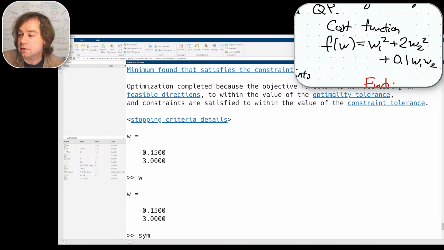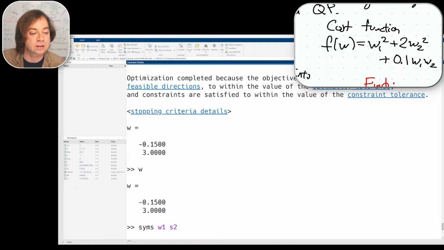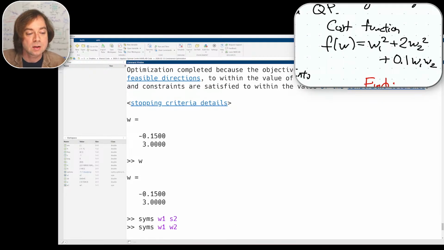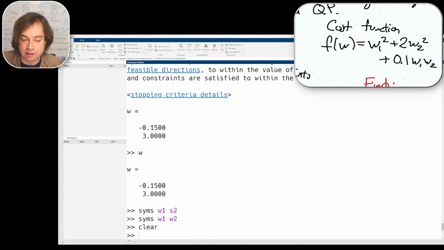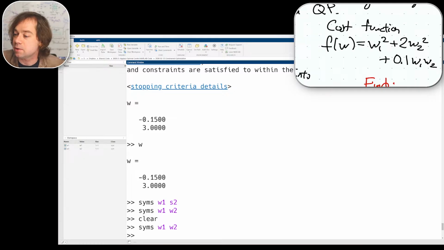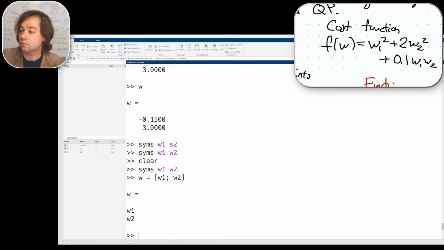We can create symbolic variables W1 and W2. Oh, that should be W2. Sorry, I'll fix it. This creates symbolic variables W1, W2. Let me clear out everything because I kind of screwed up on that. So W1, W2. I can create a vector of these symbolic variables W1 and W2. Voila, right? I can create a cost function F. That's this thing right here.